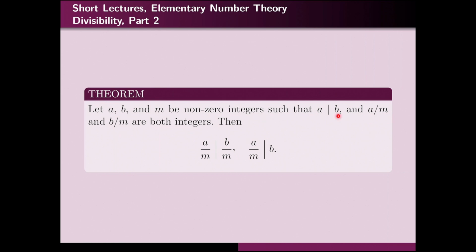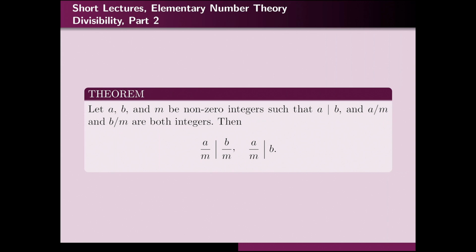So if you know that a divides b, and you know that a over m and b over m are both integers, then you can either divide both sides by m if it is beneficial, for example, you are solving a problem in which this is useful. Or you can divide one side provided that one side is the left side. Sometimes this might be useful in your problem. Okay, I am just tabulating them. I'm itemizing these theorems for you so that I can use them freely in the coming lectures.